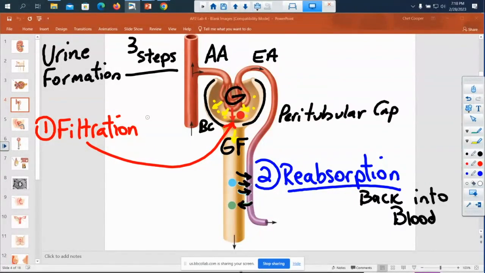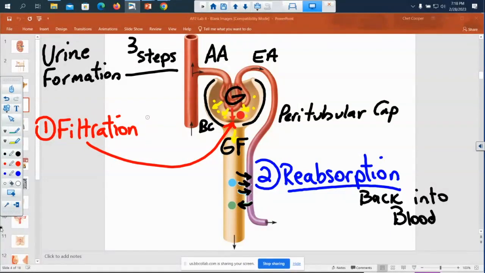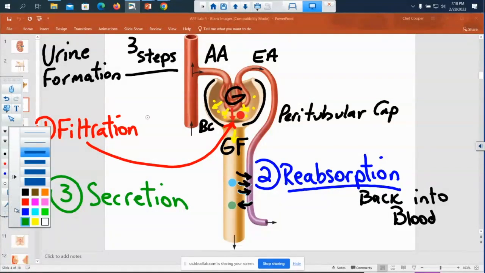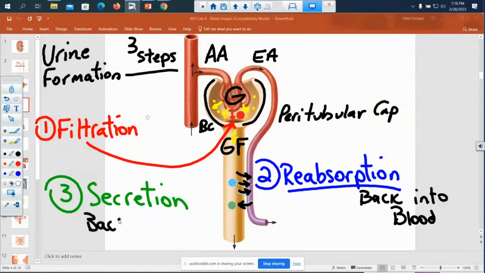And so then we're going to put it back to the tubules. That's the opposite, back to the tubules. And anytime it goes back into the tubules, that fancy name for that process is called secretion. That is known as secretion.